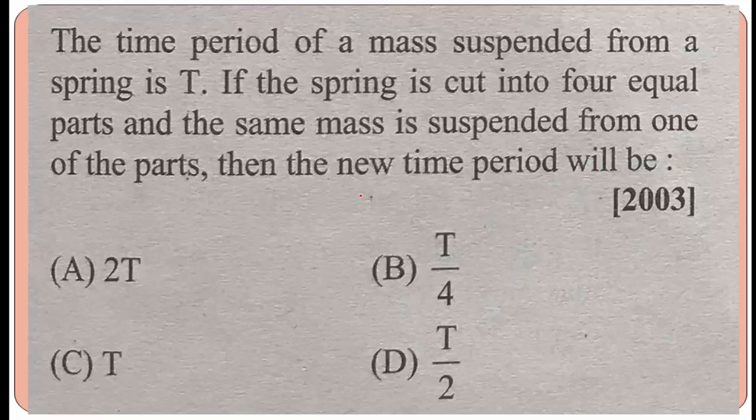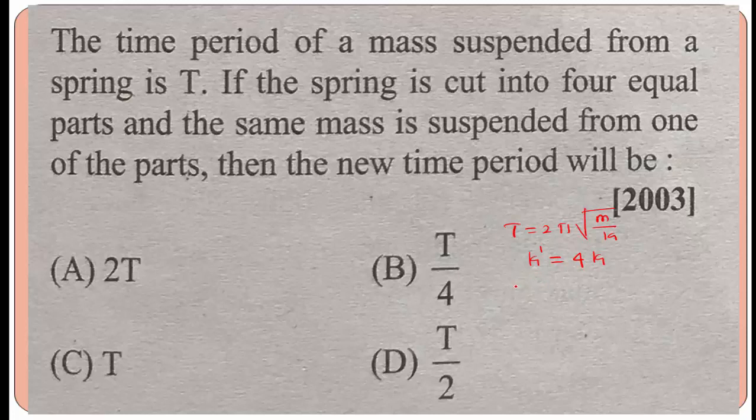We know the formula. Time period of the spring, that is T is equal to 2 pi root of m divided by k. Here k is the spring constant. It is cut into 4 equal parts, then k dash is equal to 4 into k.